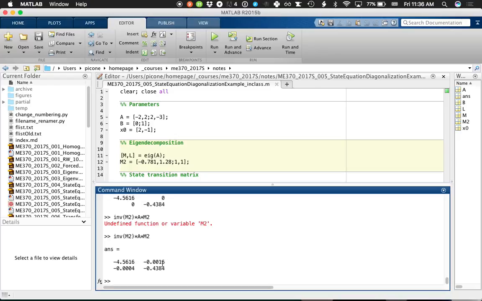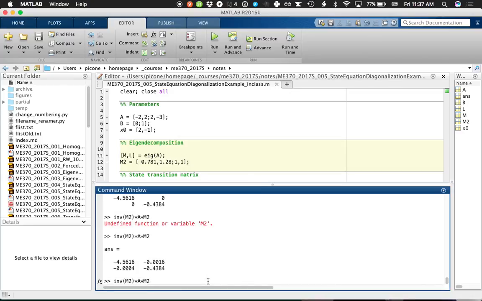Okay, so we're getting a little bit of rounding issues here. It's not quite diagonal, but it's pretty darn close to diagonal, and it's pretty darn close to our lambda matrix. This is our first eigenvalue. This is our second eigenvalue. So that's good. Diagonal would mean it has zeros on the other entries. These should be 0, but you see there's some rounding.